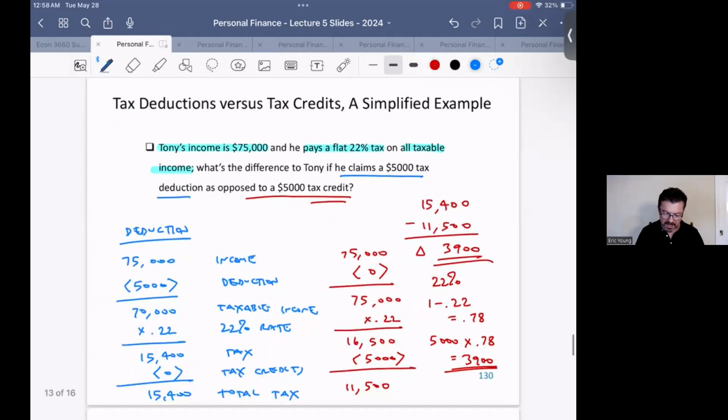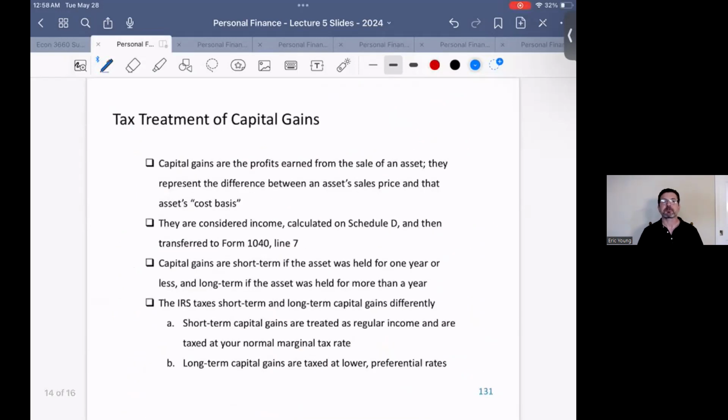I also want to point out capital gains. Now, a capital gain is a very specific tax term. Capital gains are the profits that are made when you sell an asset. That asset can be your house, stocks, bonds, collectibles, whatever it is. In other words, when you buy an asset and then you later sell it, the difference between the price you sold it for and the price you paid for it, that's your capital gain.